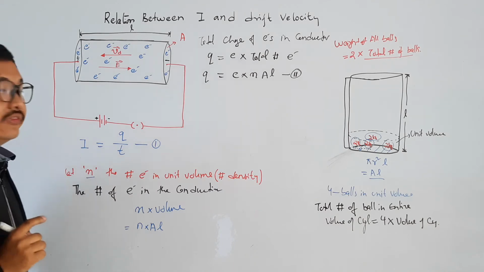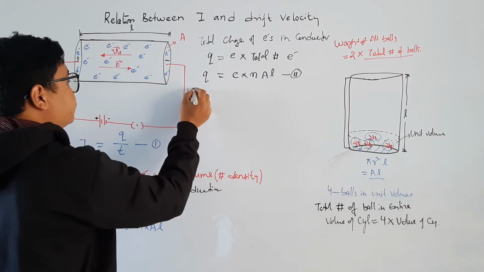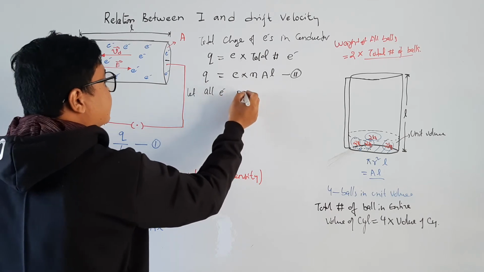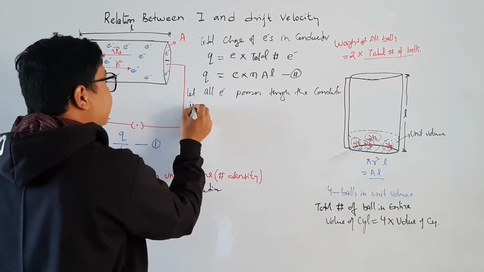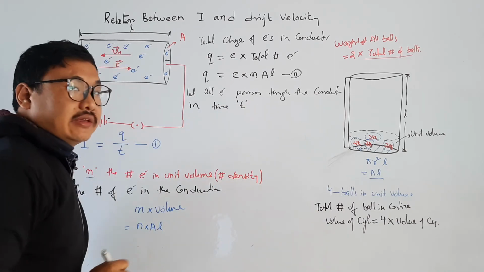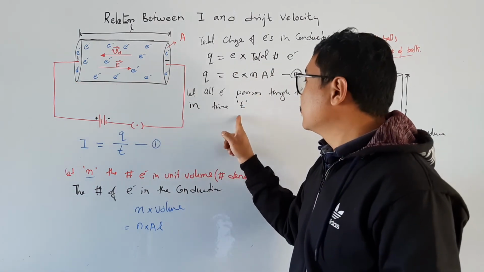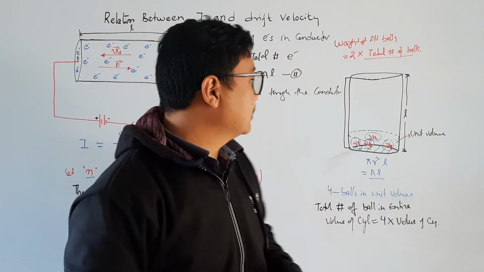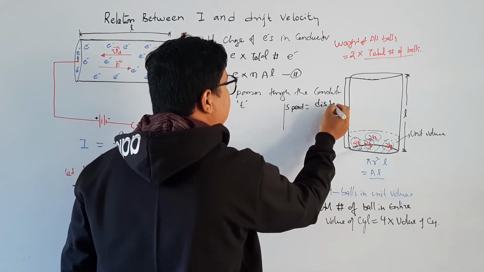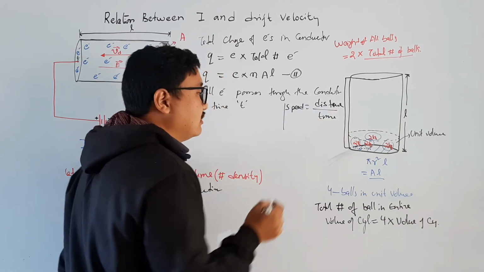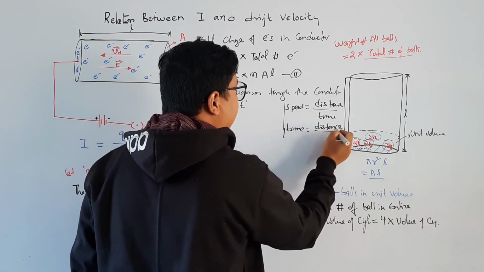Now let us find the value of time t. Let all the electrons pass through the conductor in time t. To find the time, we know speed equals distance by time, so time will be equal to distance divided by speed.